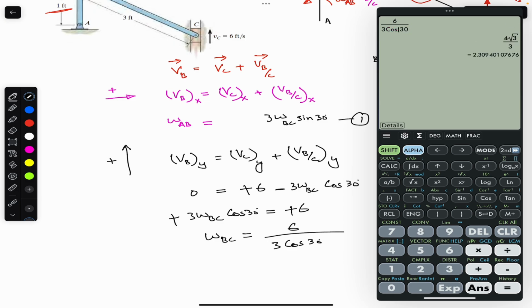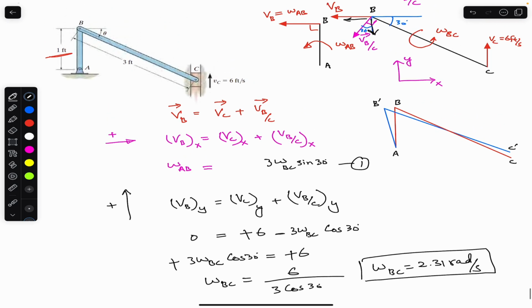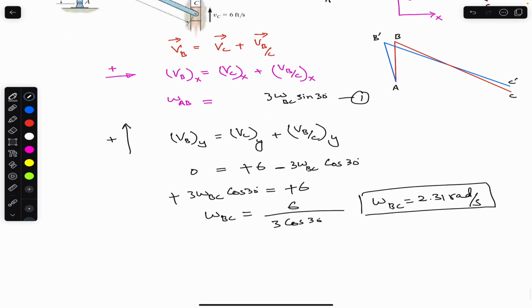So this is 2.31. So omega BC is 2.31 radians per second, in the counterclockwise direction.